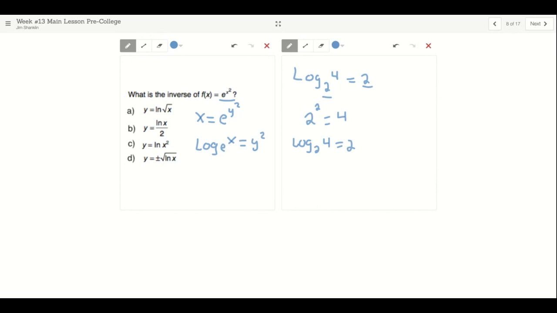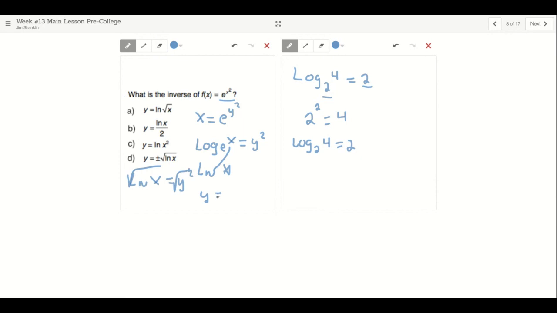That is absolutely right. So now I can rewrite this because I have log base e. Anytime I see log base e, I just write natural log, and I still have that x there. So I have natural log of x equals y squared, and then I'm just going to take the square root of both sides.